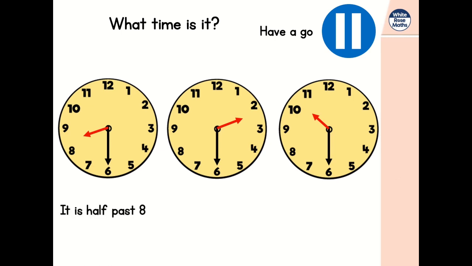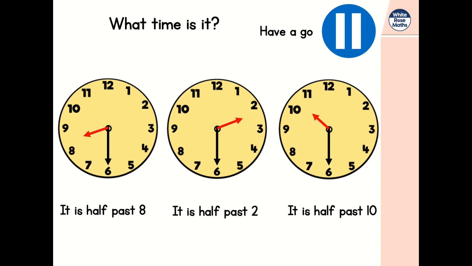That is 8:30. The second clock, our minute hand is still pointing down to the 6. The hour hand is between the 2 and the 3, so it's 2:30. And on that third clock, that is showing 10:30. Well done.